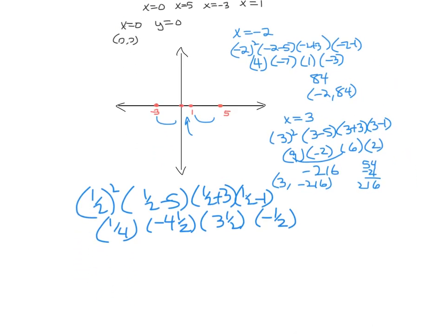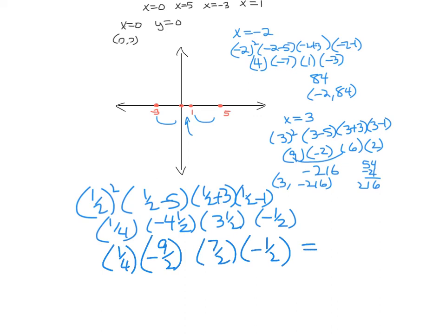Here, I'm going to make this improper: 9 over 2, 7 over 2, negative 1/2, and negative 1/4. When I multiply this across, I get 63 over 32, which gives me 1 and 31 over 32, which is about 2. So I'm going to go ahead and add in those additional points.